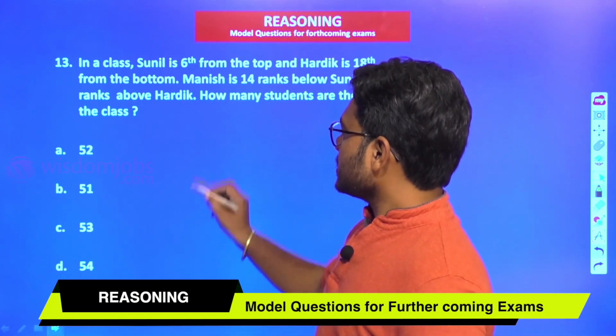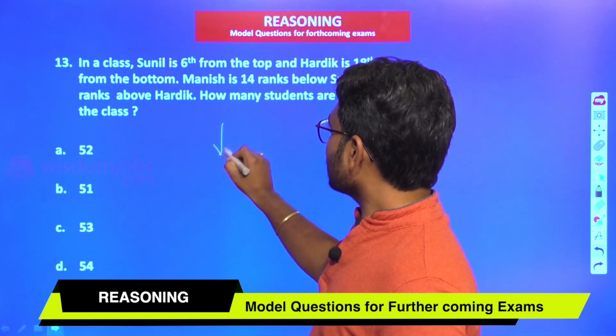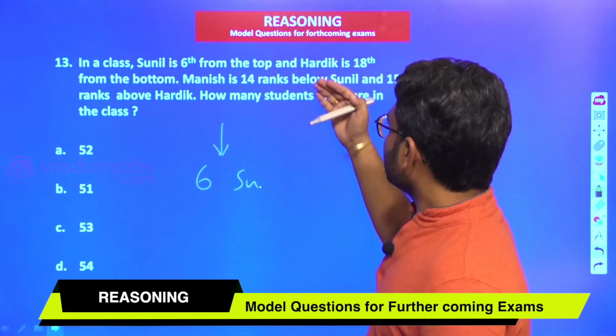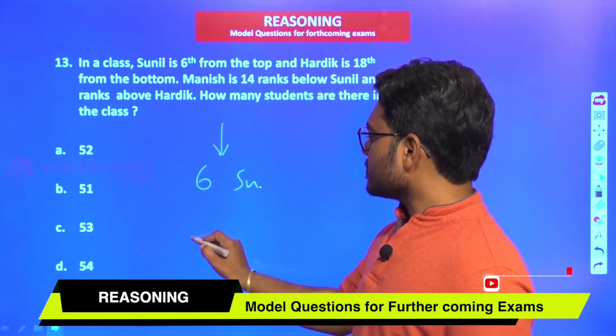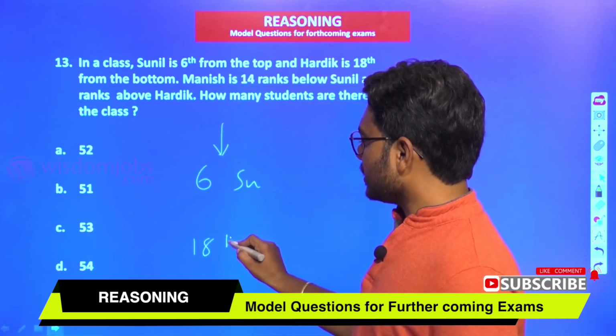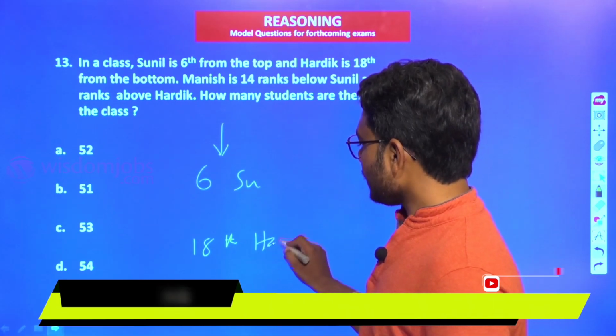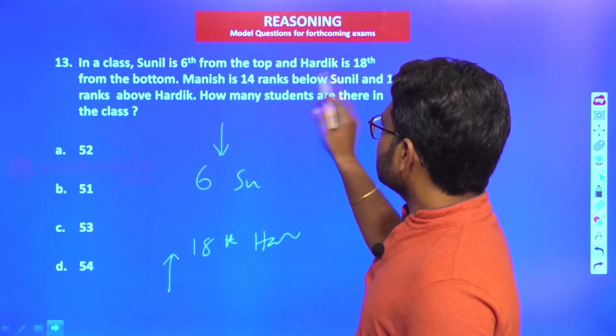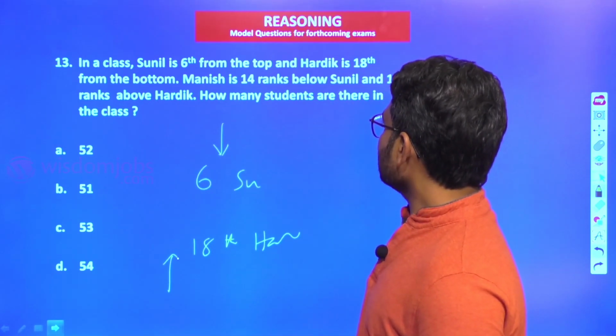So Sunil, from the top he is at 6th position. And Hardik is 18th from the bottom. So somewhere at 18th position is Hardik, but from the bottom. Then Manish is 14 ranks below Sunil.